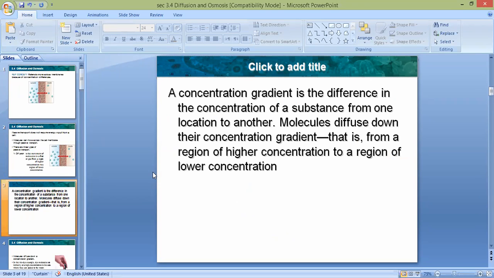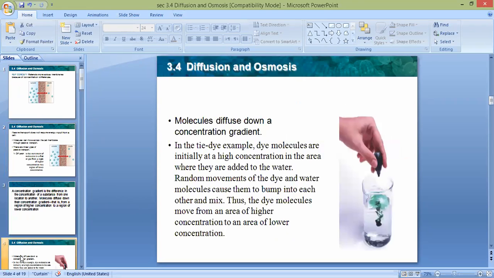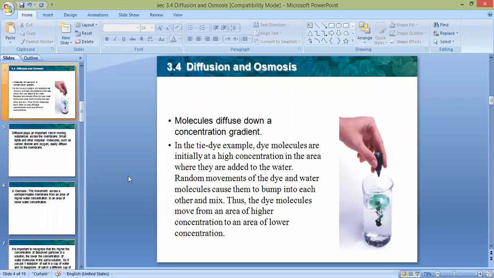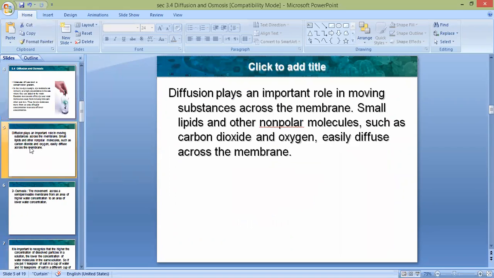A concentration gradient is the difference in the concentration of a substance from one location to another. If there is no difference, no diffusion happens. And we said molecules diffuse down their concentration gradient, meaning from high concentration to low concentration. As here, the dye, when you put it in water, how it spreads, that's an example of diffusion.